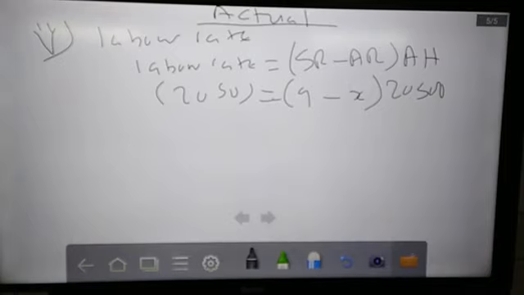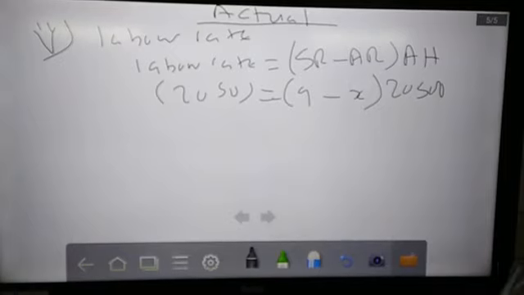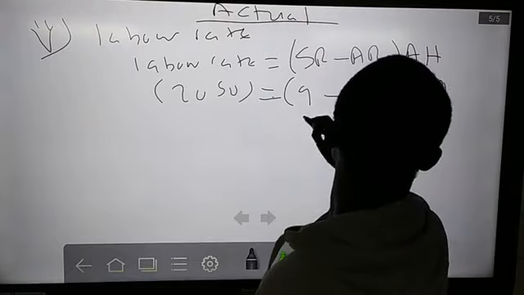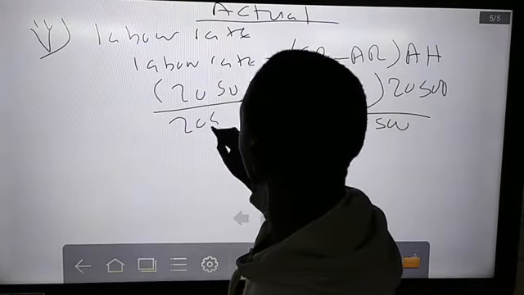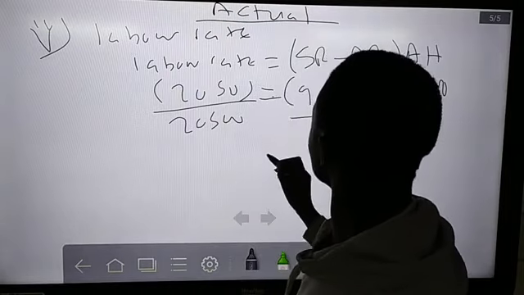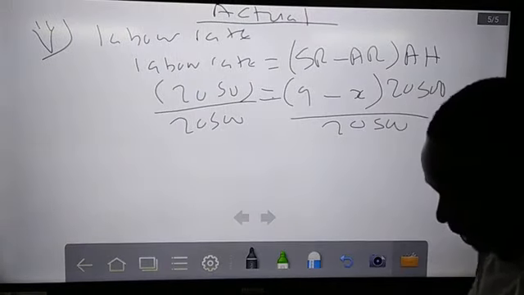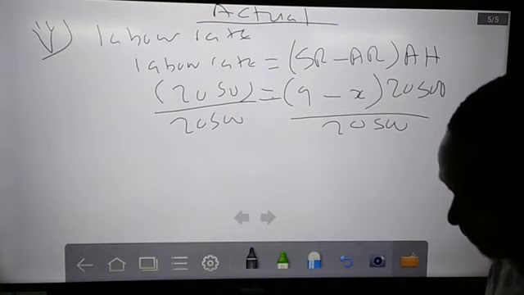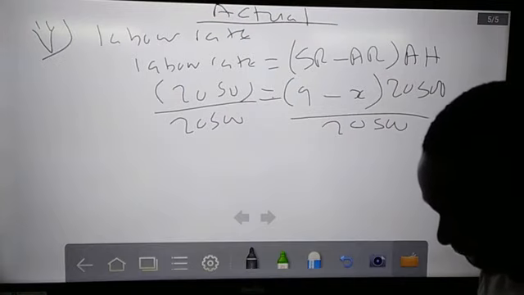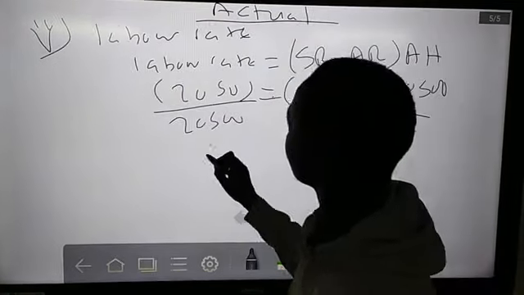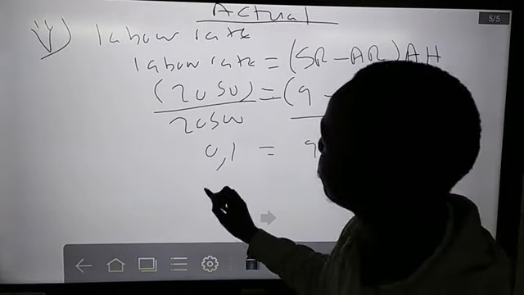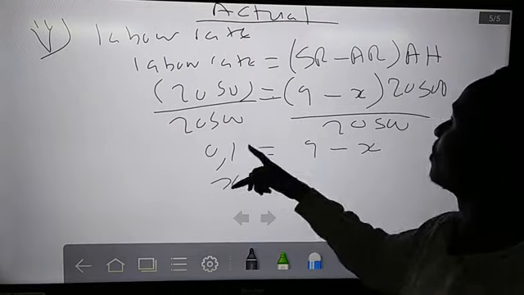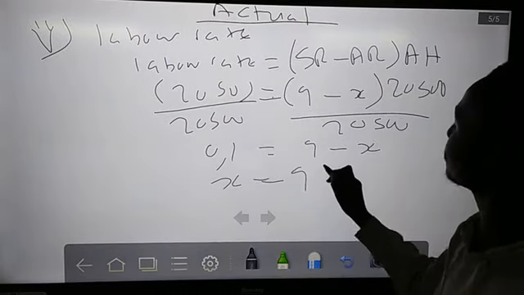we divide both sides by 20,500. So it becomes 2050 divided by 20,500. Let me calculate. We have 0.1 equals 9 minus X. Then we put X here equals, and we put 0.1 this side, it becomes 9.